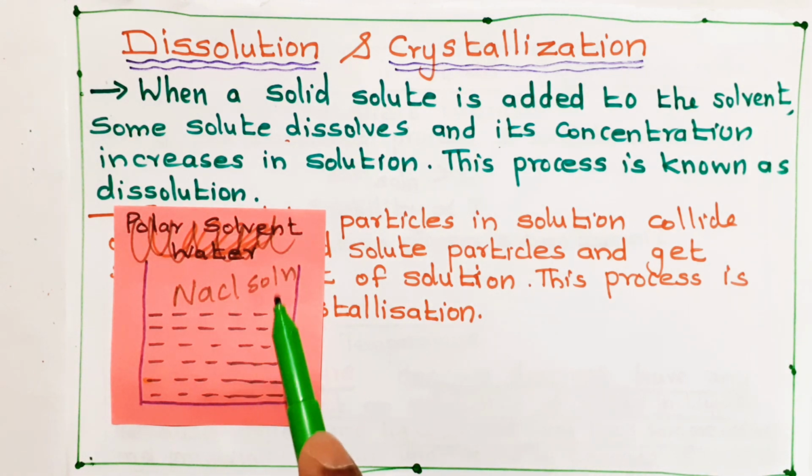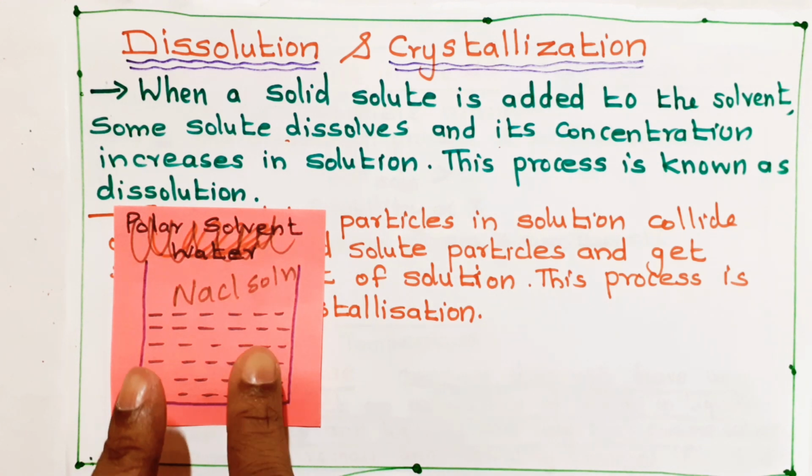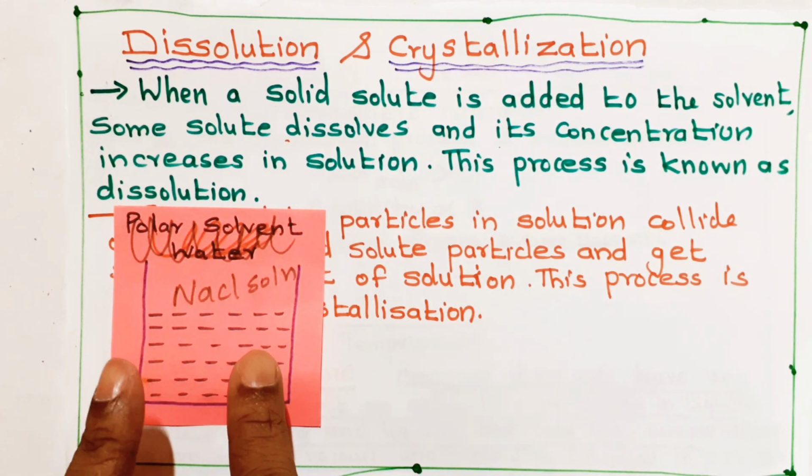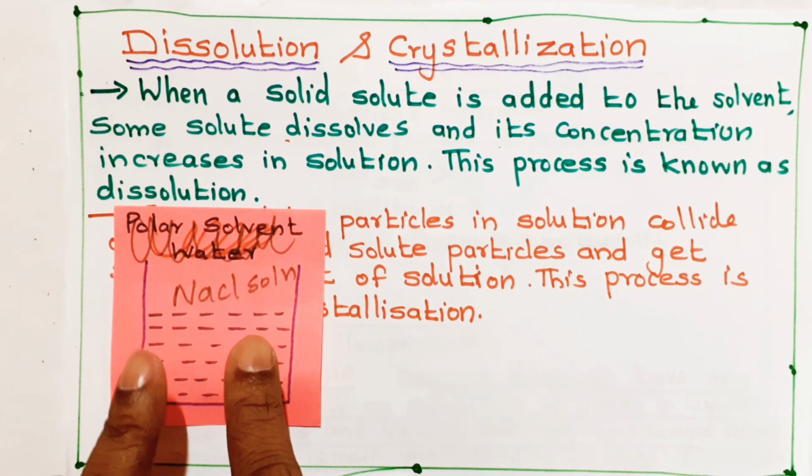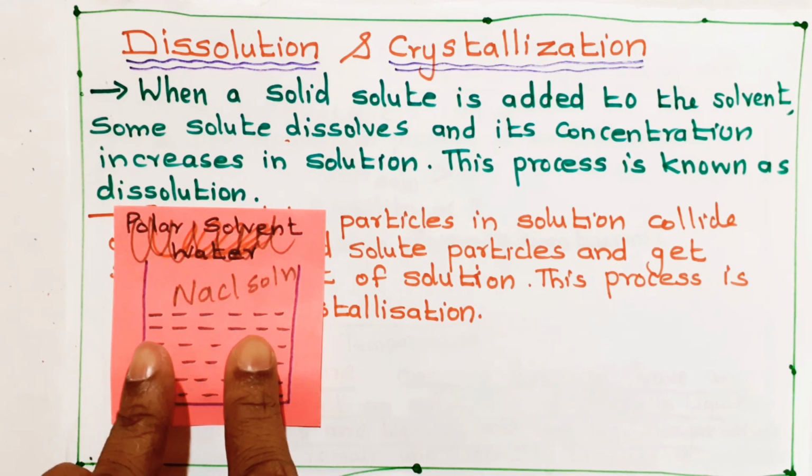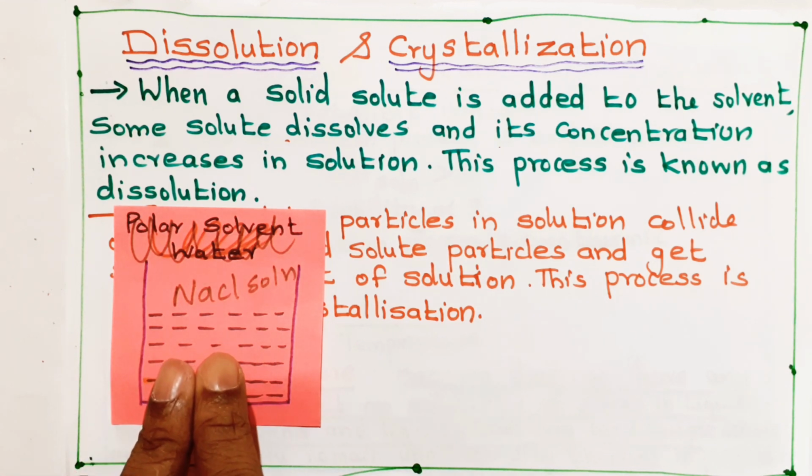As they collide with each other, some of the solute particles will get separated out from the solution. So I repeat, solute particles are present here, but they are invisible. These solute particles will collide with each other.